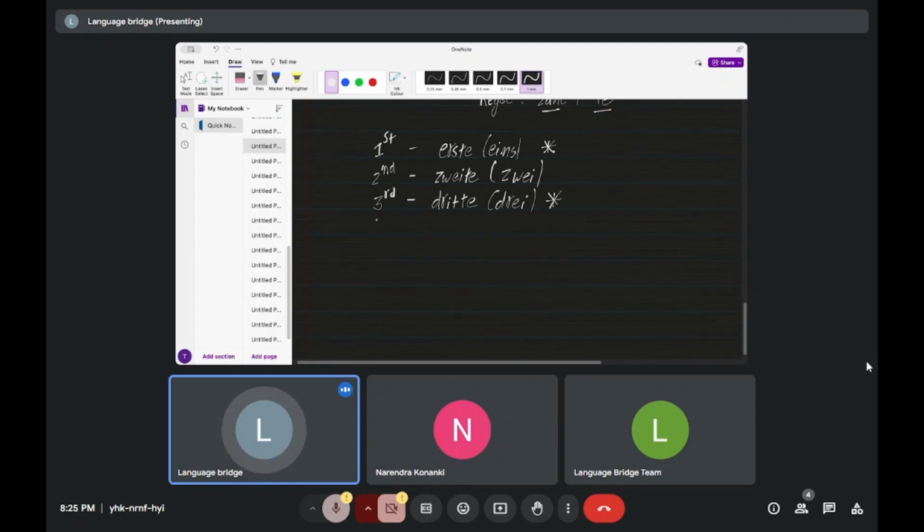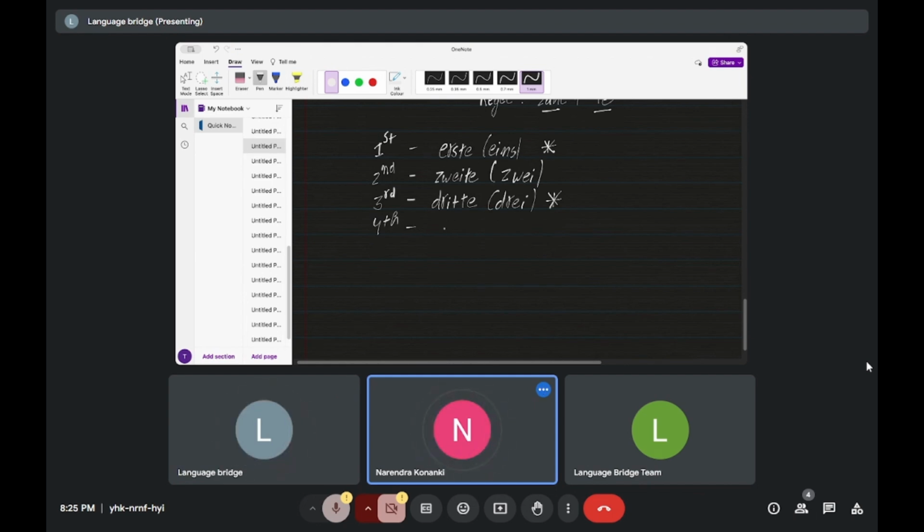And then fourth. What is four? Vier. Just add t, so it will be vierte.